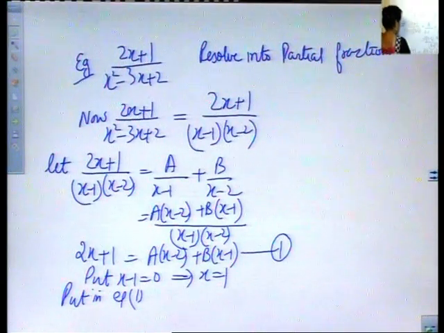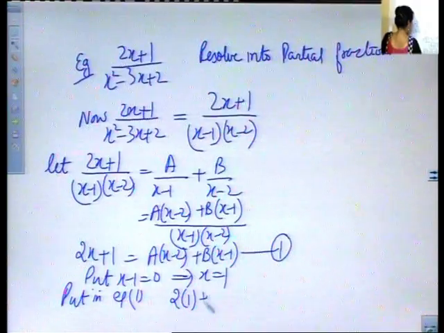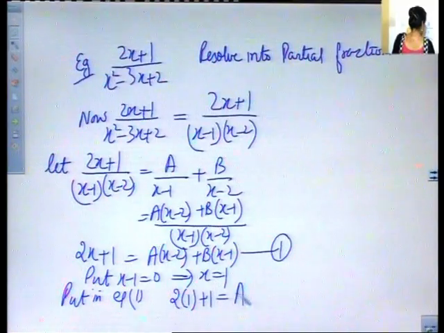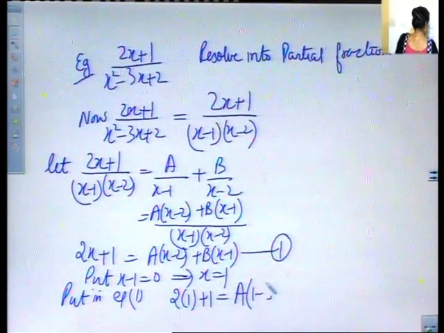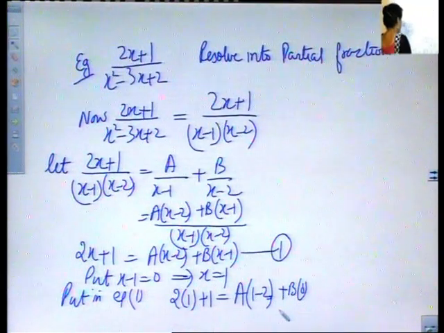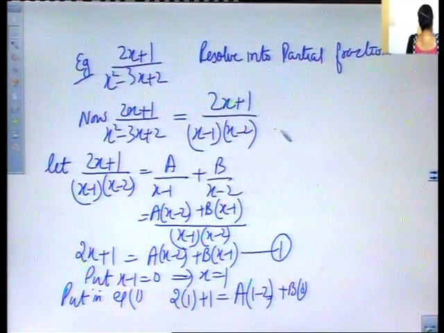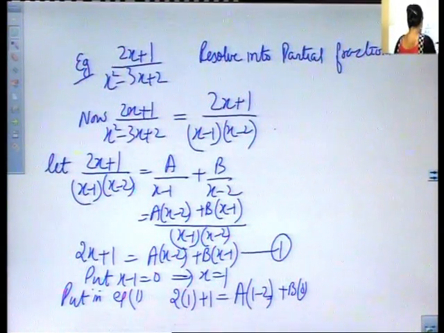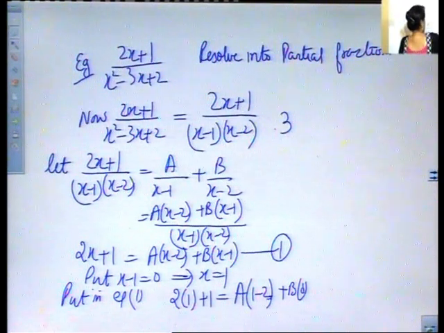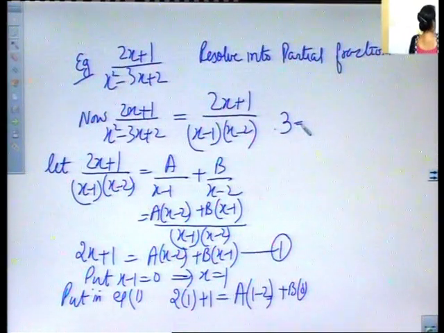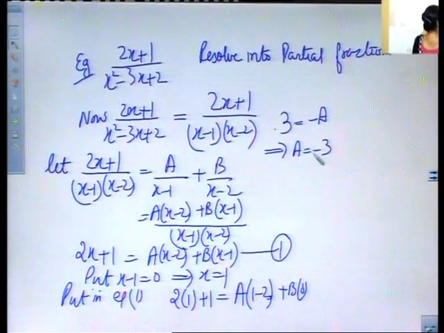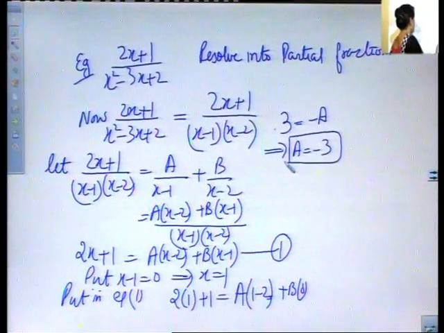We get 2 into 1 plus 1 is equal to a(1 minus 2) plus b into 0. So this is 3 is equal to minus a. This implies a is equal to minus 3.